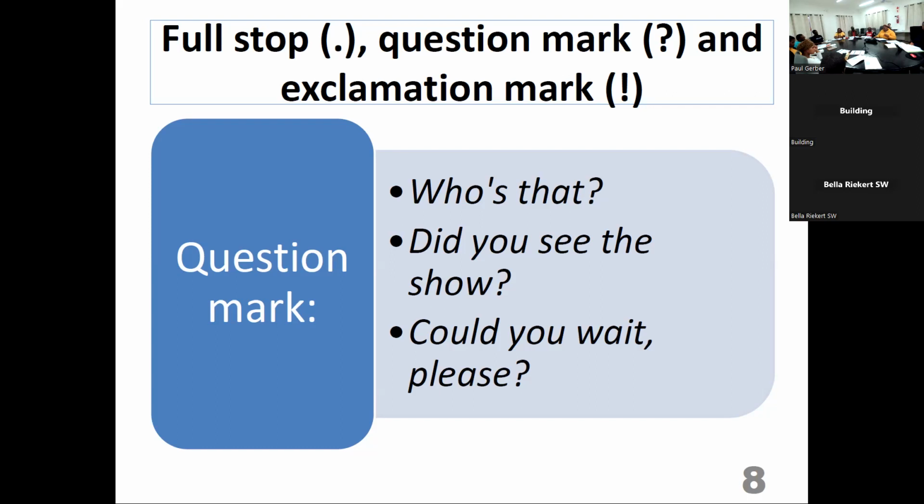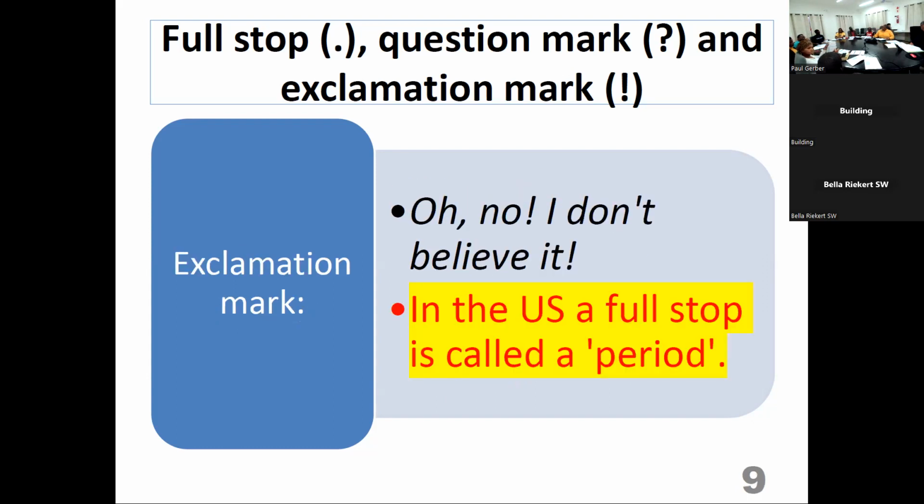Did you see the show? Could you wait, please? And you see there are two extra things in there which we are going to speak about. An apostrophe: David says who's that? And then there's a comma after the wait over there. We're going to speak about that when we get to commas. So that's what the question mark is.